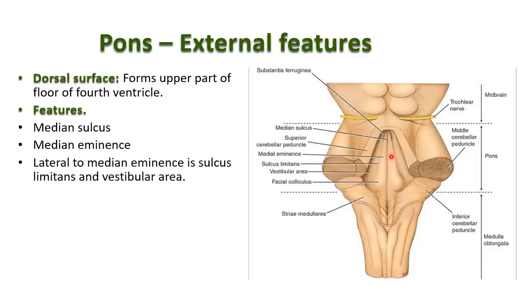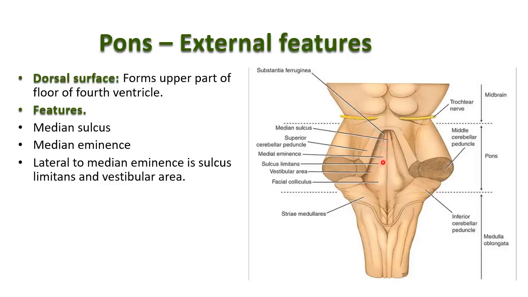And lateral to the median eminence, what we saw is the sulcus limitans, and then more laterally, you see the vestibular area. So this is the vestibular area, which is shared by the pons and the medulla.